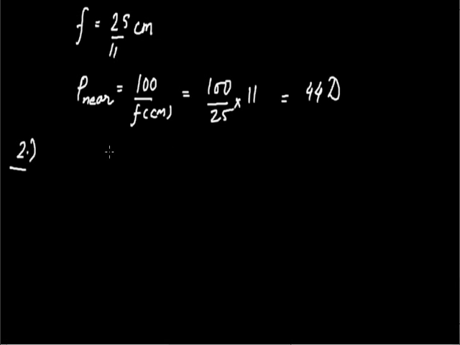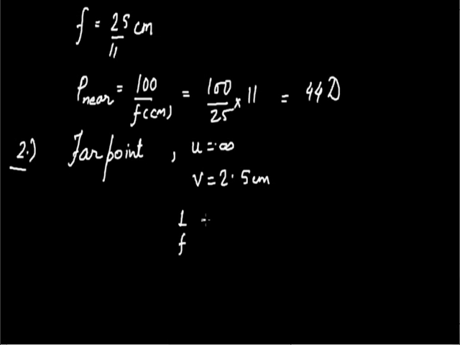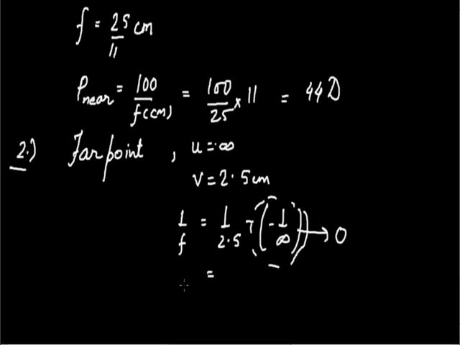Now the second case is for the far point. For the far point, u is equal to infinity, and v is again 2.5 centimeter. So here the 1 by f value will be equal to 1 by 2.5 minus 1 by infinity, and this factor will be equal to 0, and thus the focal length will be equal to 2.5 centimeter.